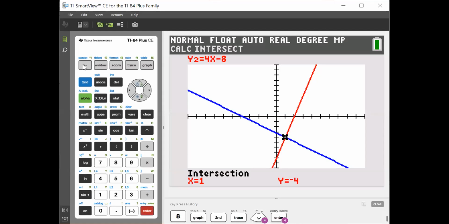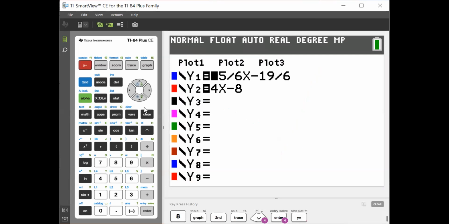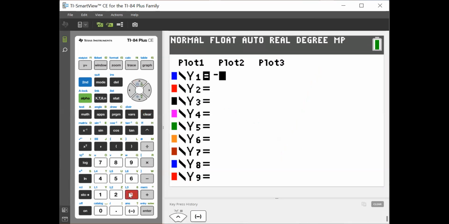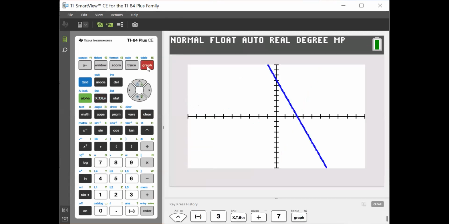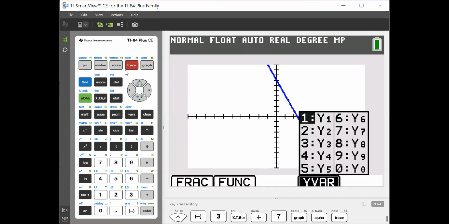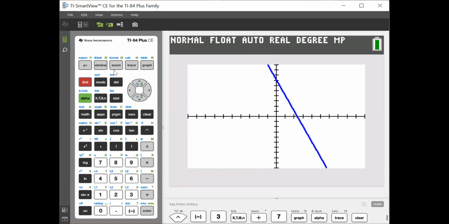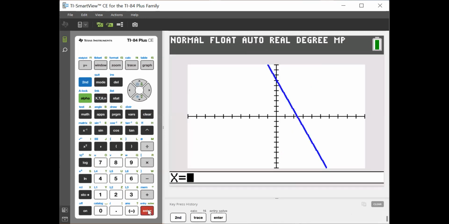Okay, so let's go to y equals, clear these two out from the previous problem and put negative 3x plus 7. If we hit graph, what you're looking for is, does it go through (-6, 25) and (9, -20)? We can't see it because our window is really tiny. So let's go to second calc and plug in value.